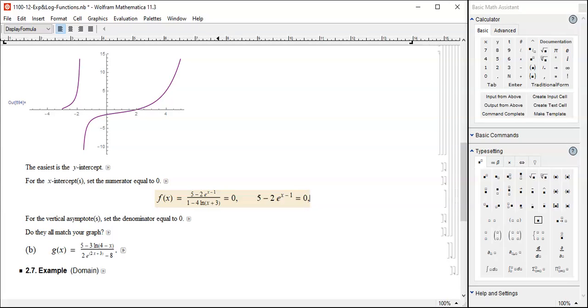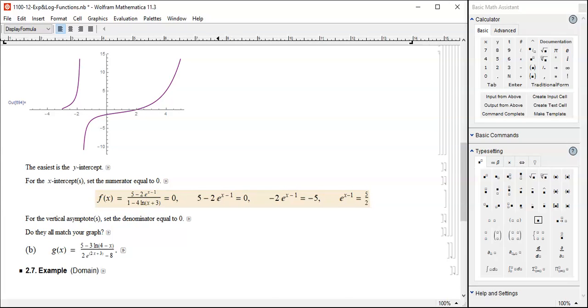We can solve for the exponential first. So flip this 5 to the other side, then -2 exponential of x minus 1 equals -5. And then divide by this -2. So e to the x minus 1 is -5 over 2.